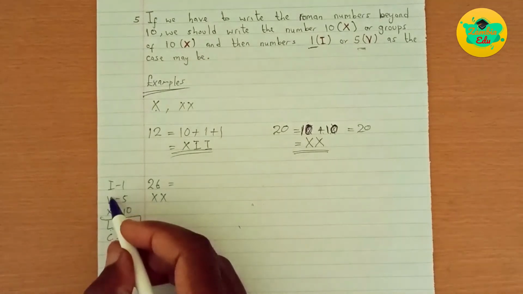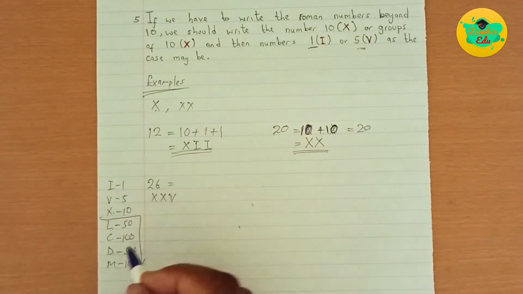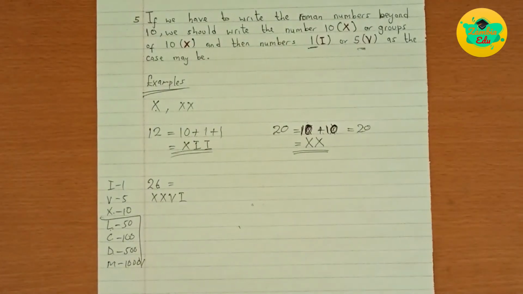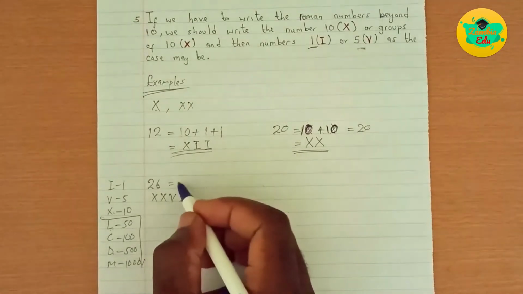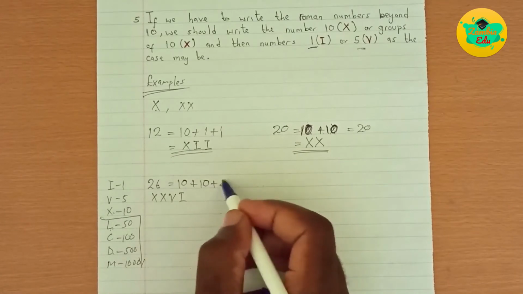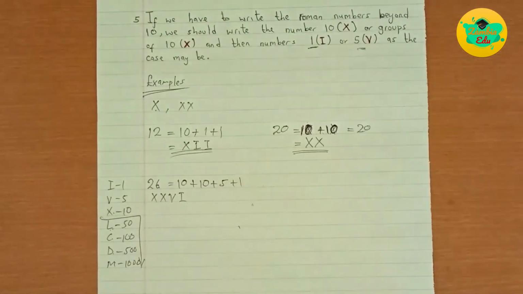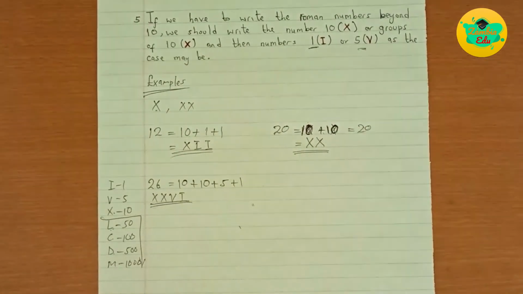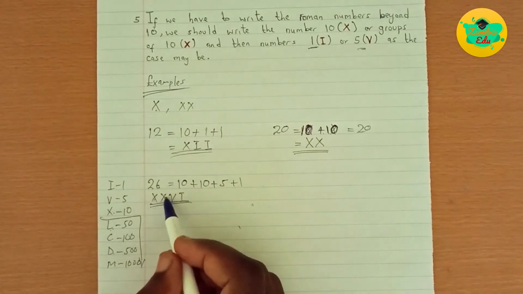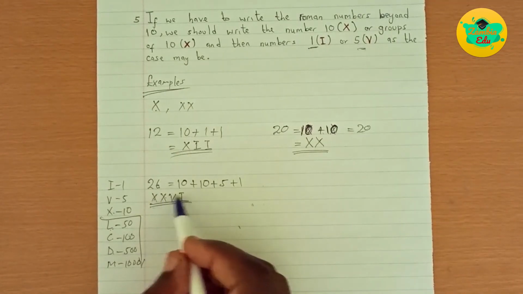And then we're going to add a 5, and then we're going to add a 1. That will be the Roman numeral to represent 26. This is 10 plus 10 plus 5 plus 1. So we have two groups of 10, X, X, then what follows? VI.